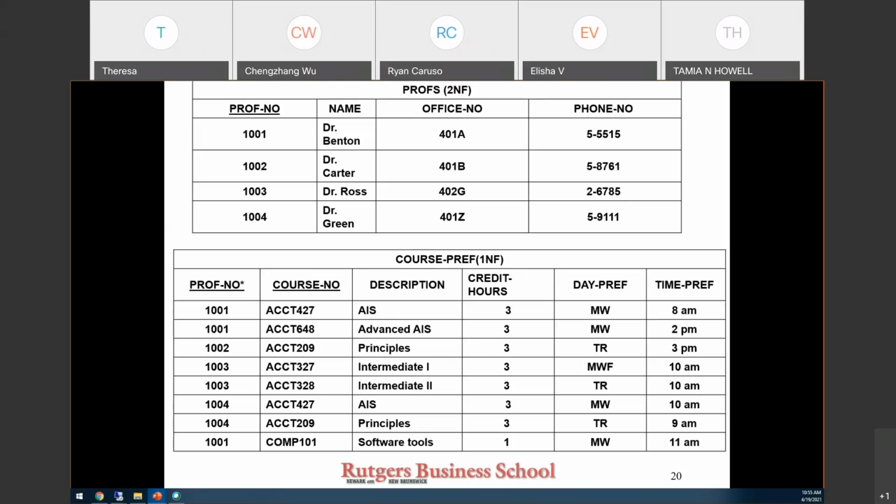Rather, this information is tied to information about professors. Let's consider the kinds of problems that this lack of independent existence for office and phone information poses. First, it is not possible to add information about a new office and phone number until a professor is assigned to that office.